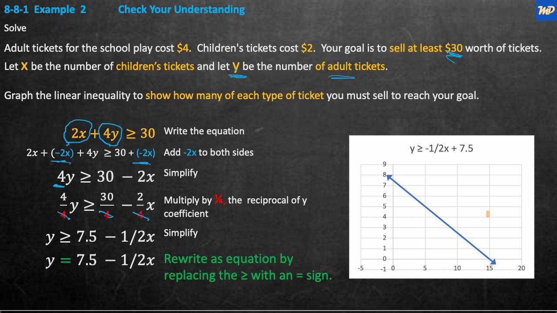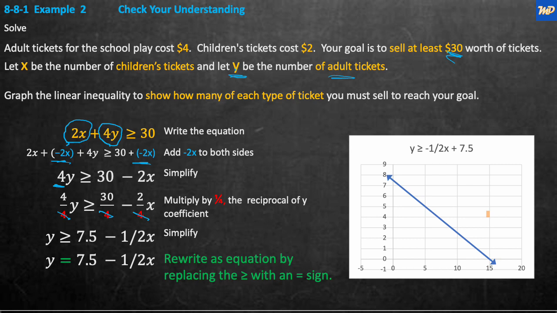And when you do that, we'll have y greater than or equal to 30 divided by 4 is 7.5, $7.50. And we're going to subtract 1/2 x. So 2 over 4 is 1/2 x. That's our inequality.